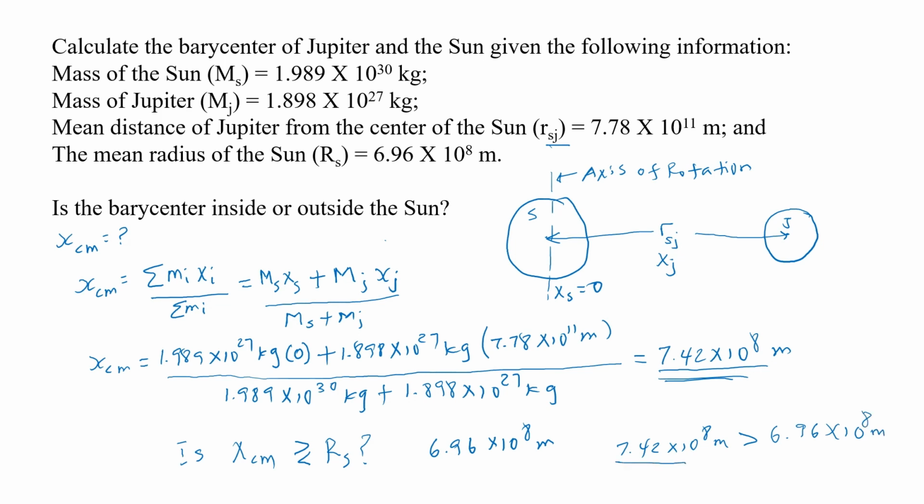Because the common center, or the barycenter, is greater than the radius, X sub cm is outside, so it's going to be somewhere around here, outside the radius. The radius is here, and this center is right here. Therefore, it's greater than that, so it's going to be outside. So the Sun orbits this center, and so also Jupiter orbits this center.